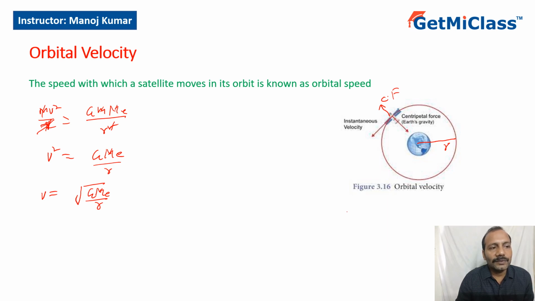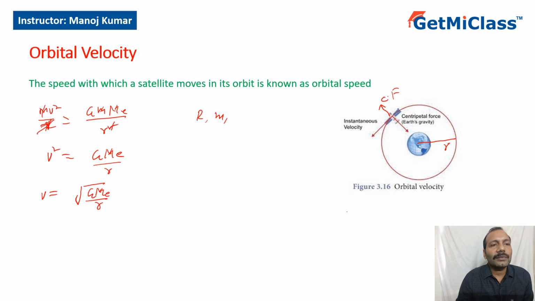Now the things on which orbital velocity does not depend: it does not depend on the radius of the planet, and it does not depend on the mass of the satellite. It only depends on the mass of the planet around which it is revolving, and the radius of the orbit.